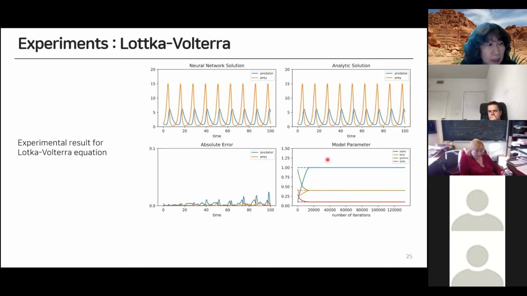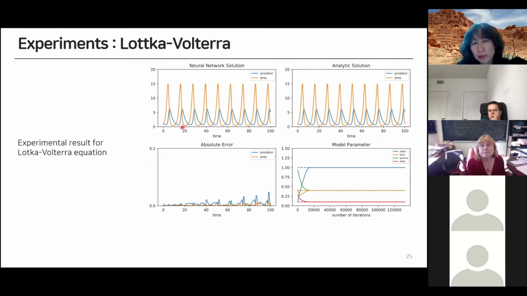And finally, this is the Lotka-Volterra system. This is an ODE system, as you know, usually used to model a prey-predator system. You can see the neural net solution and the analytic solution, but here we are dealing with a system.